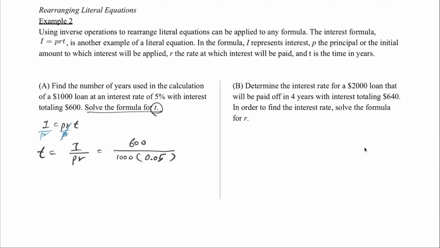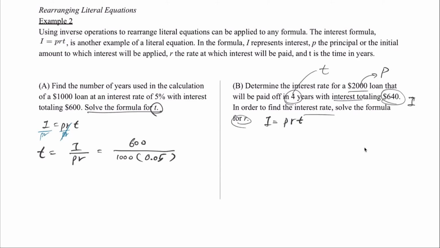Okay. Now part B, determine the interest rate of $200 in loan. That's the P, isn't it? Oh yeah, that's the P. So 4 years, that's a T. Interest, that's I, right? And I guess they're asking us to find R, the interest rate. If you have I is equal to PRT, we're trying to get rid of the P and the T, right?